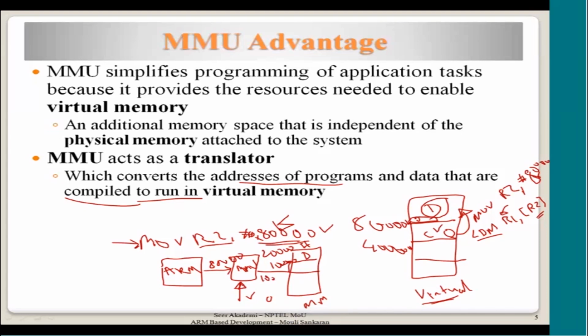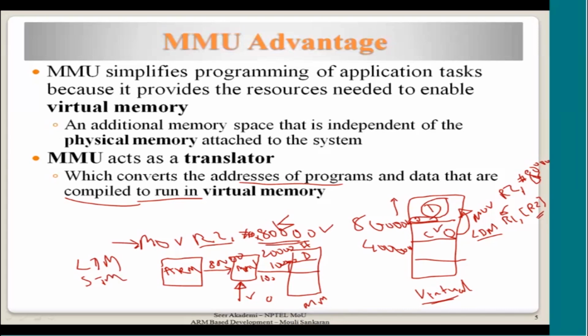So it is relative: 80,004 may be converted into 10,004. Effectively, during runtime this address keeps on getting translated, for every access. It is not done once and then forgotten. Wherever an LDM or STM is involved, this translation happens.